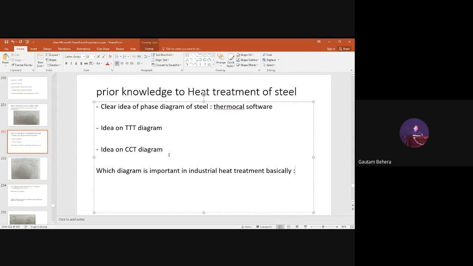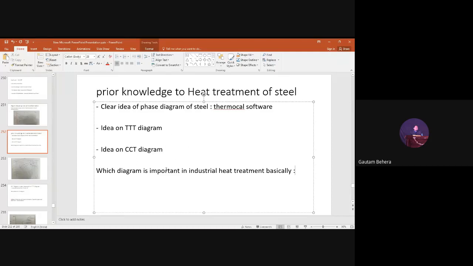So this is one of the major differences between the TTT diagram and the CCT diagram. In the TTT diagram, we get the transformation product by isothermal cooling below the eutectoid temperature or below the A1 temperature. But in a CCT diagram, we cool the steel continuously and see what kind of product is forming.